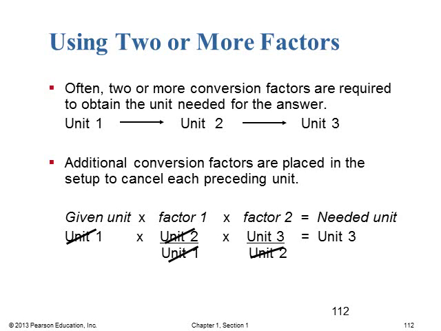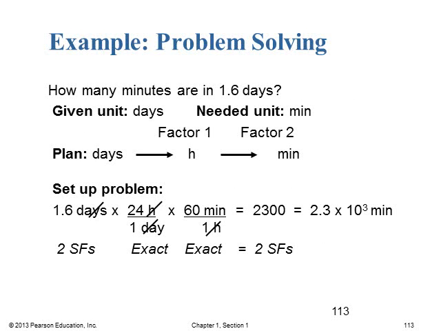If you're looking at what you're given and what you need, you may need a middleman. If we look at how many minutes are in 1.6 days, we are given the unit of days and we need the unit of minutes. So if we come up with our plan, days is in the beginning and minutes is in the end. What's the middleman?